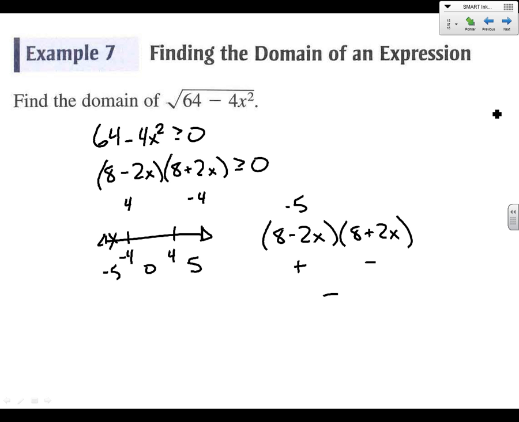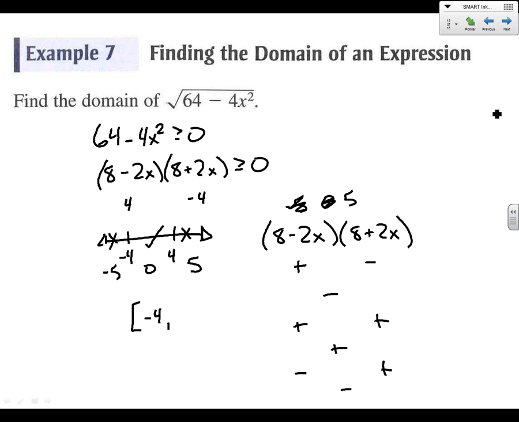Don't like that section. Let's plug in 0. 8 minus 0 is a positive. 8 plus 0 is a positive. So we like that section. And let's try 5. 8 minus 10 is a negative. 8 plus 10 is a positive. Negative. Don't like it.